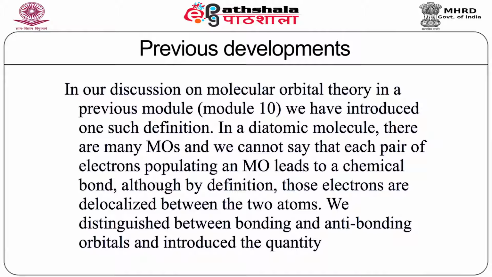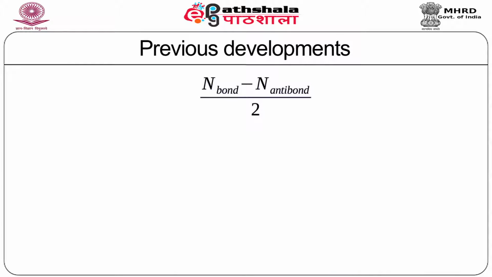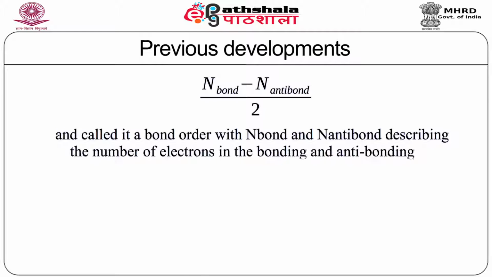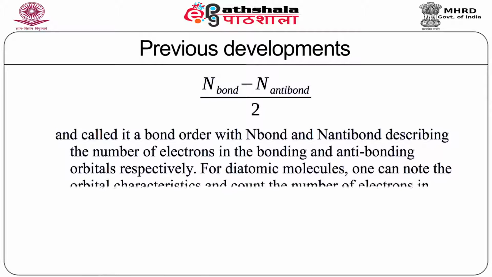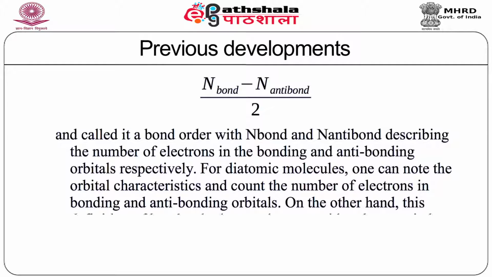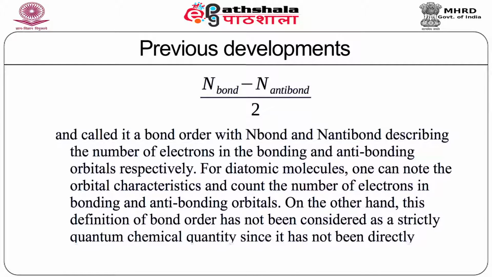We distinguished between bonding and antibonding orbitals and introduced the quantity (n bond minus n antibond) divided by 2 and called it a bond order, with n bond and n antibond describing the number of electrons in the bonding and antibonding orbitals respectively.